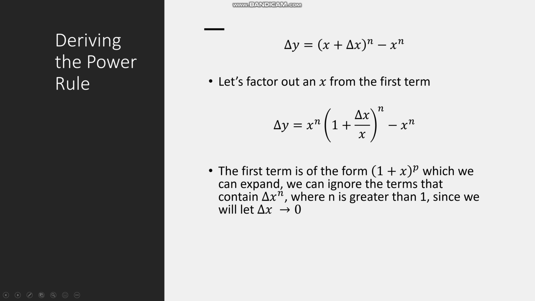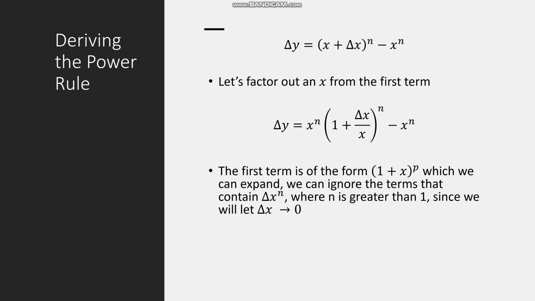If we're assuming small changes in x, we can ignore any of the terms where delta x is raised to a power greater than 1, since we're letting delta x go to 0. So all those terms are about 0. If we do that, we only really need the first two terms of the expansion, the 1 plus px term.